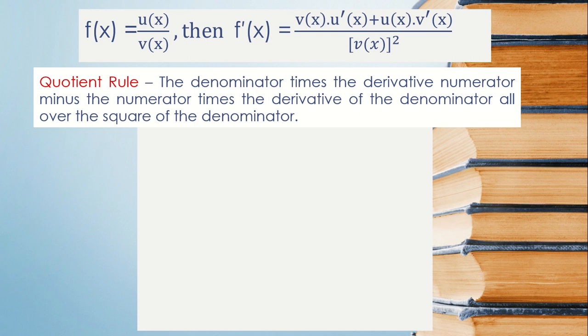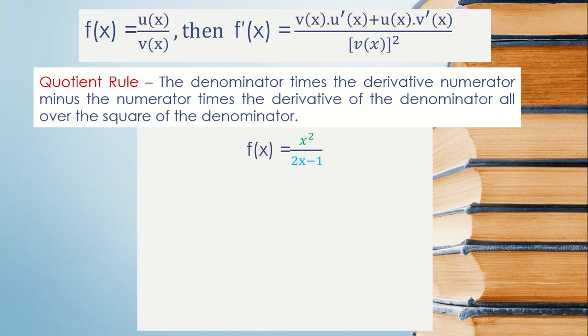So let's apply this one sa mas madaling example. And then for more videos, next time, we're going to apply this one sa more complicated one. Okay, so we have f of x is equal to x squared over 2x minus 1.